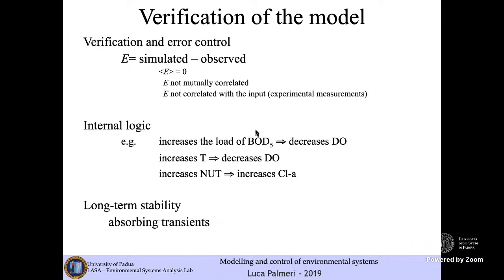There are several other types of checks that the modeler may want to do in order to verify the behavior of a model. For example, the first check typically is the control of errors: the errors are not mutually correlated or not correlated with the input.